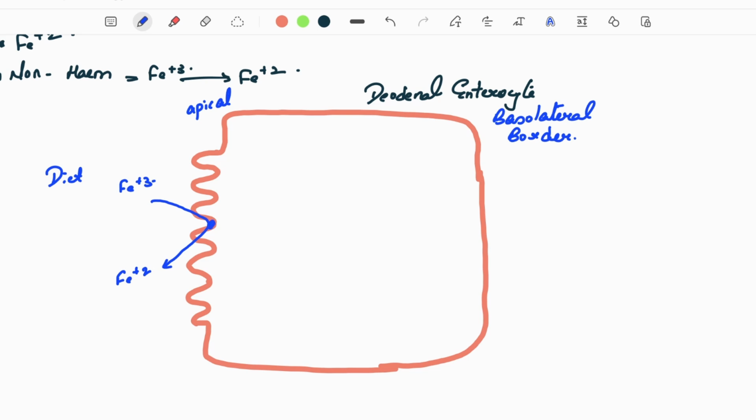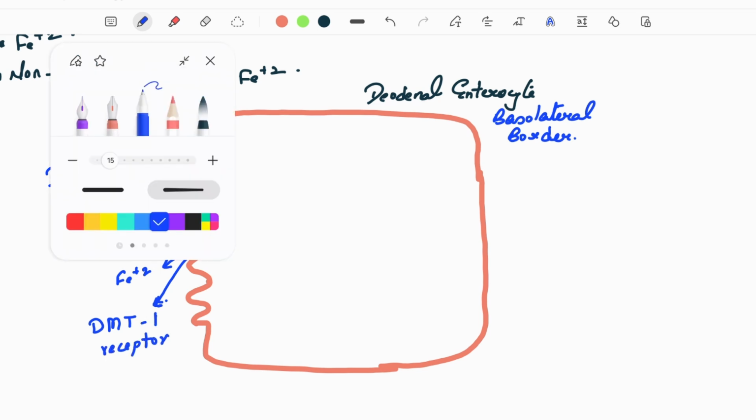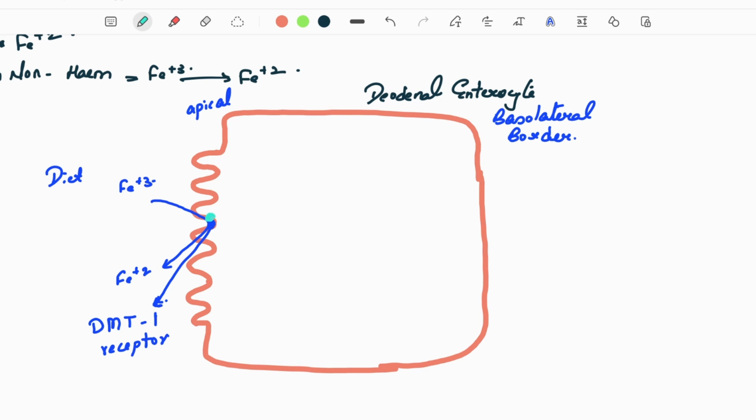So there is a receptor called divalent metal transporter 1, and the duodenal cytochrome B enzyme. With the help of this, the iron which we are taking is converted into Fe2+, and it enters the duodenal enterocyte.